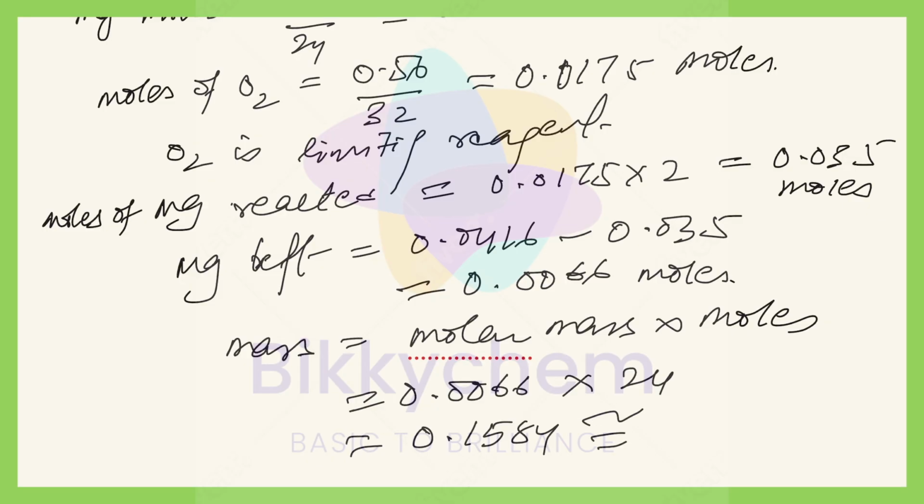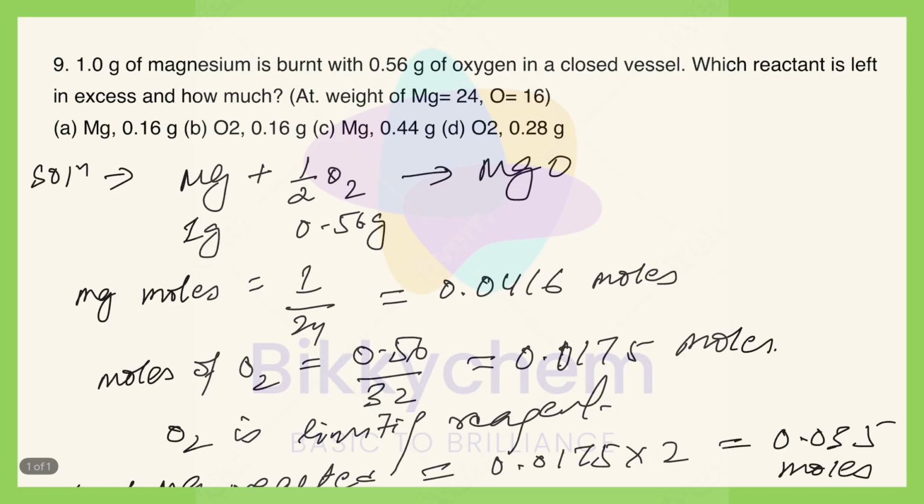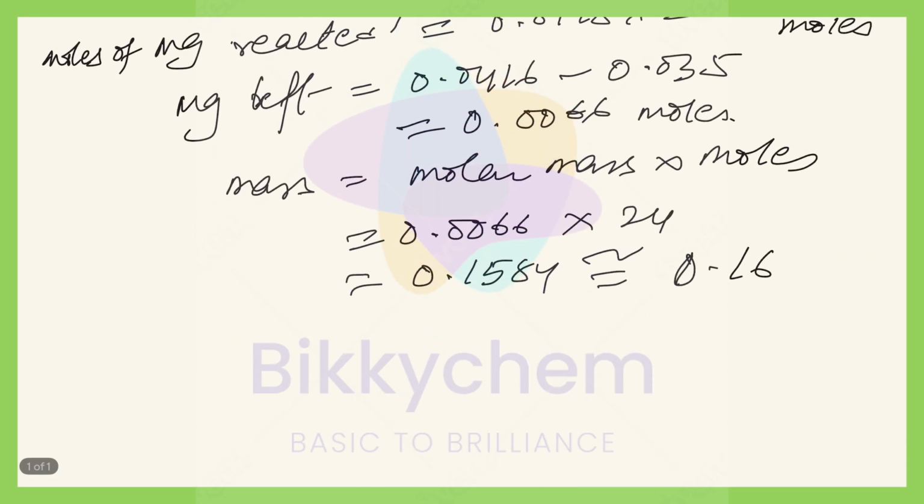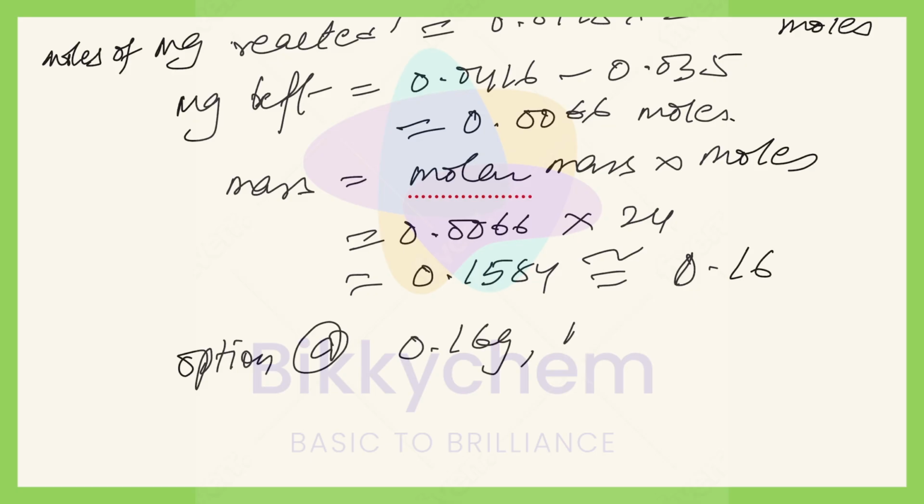So approximately it is 0.16. So if you see the options, it will be the first one, that is 0.16 gram Mg.